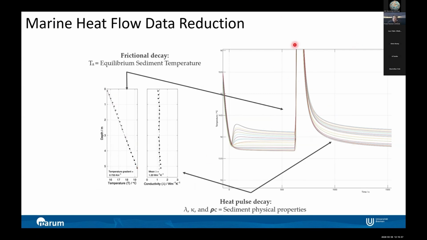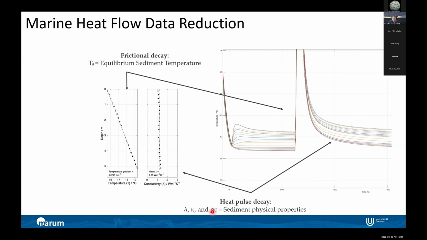And then we use fitting, and from that, we get the gradient. And in the second part, the decay of the heat pulse, we can then estimate thermal conductivity, because we have the energy we put into the sediment. In the case of the frictional heat, we don't know the energy which goes into the sediment. And from this, again, it's a mathematical relationship, we can estimate sediment physical properties, in this case thermal conductivity, and then from other relations with thermal conductivity we estimate diffusivity and then can also estimate the heat capacity.